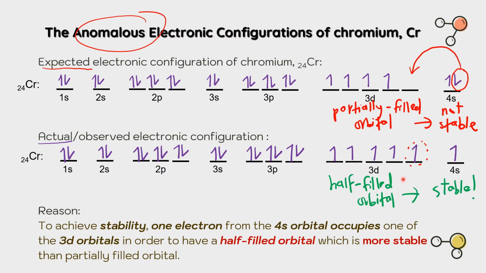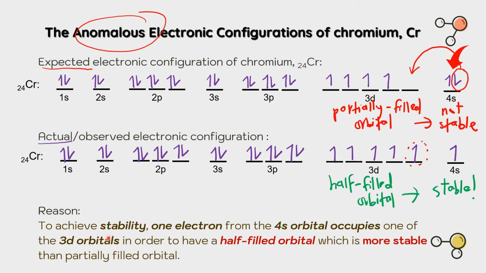This half-filled orbital is more stable than the partially filled orbital. This is the reason why chromium has anomalies in its electronic configuration: it is to achieve the stability of the half-filled orbital.